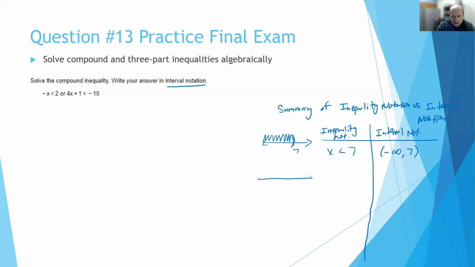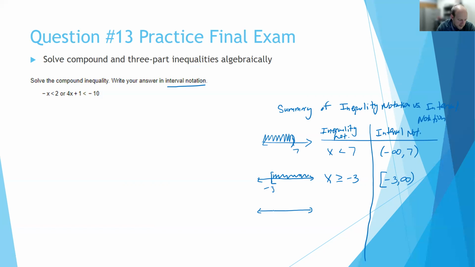If you have a graph where this is -3, there's a bracket at -3 and everything to the right of that, your inequality notation would be x is greater than or equal to -3. But your interval notation would be bracket -3 to infinity with a parenthesis. Okay, and this is just review.